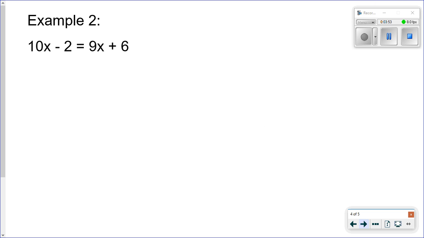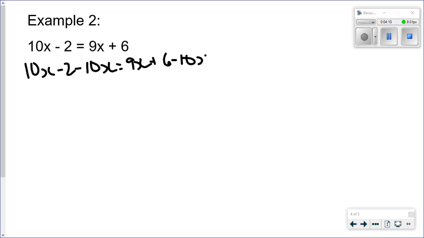Now, for the last example, we moved the variable to the right. We could choose to move the variable to the left. In this case, I personally wouldn't have done it, but I'm doing it for teaching purposes. 9x minus 10x is a negative x plus 6.